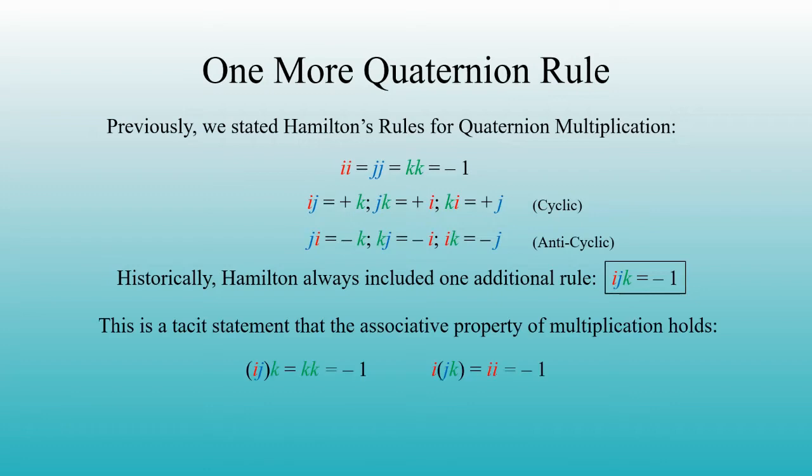Okay? If you evaluate IJK from the left, you get k squared. If you evaluate it from the right, you get I squared. Now, k and I are not the same, but k squared and I squared are. And that, troubled physics majors, is how you get quaternions to obey the associative property. Nothing to it, right?